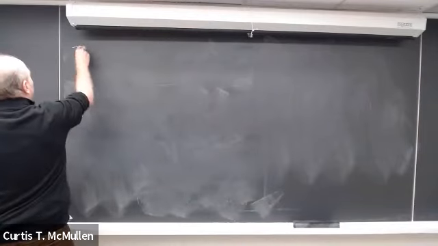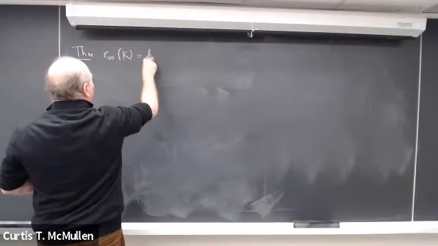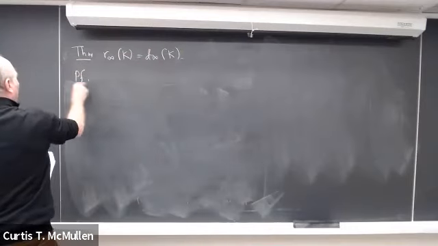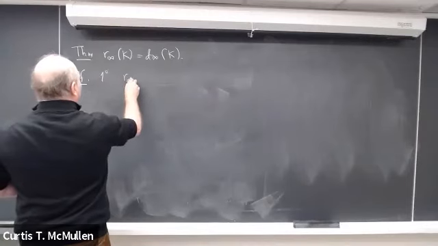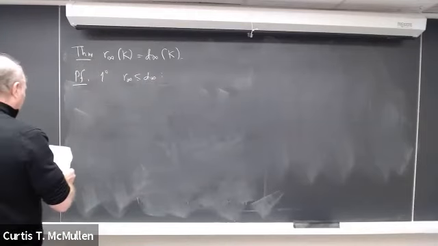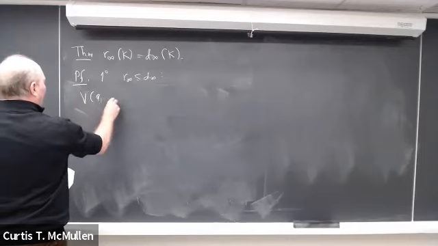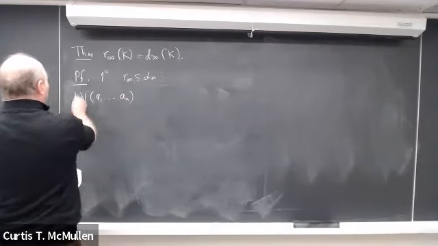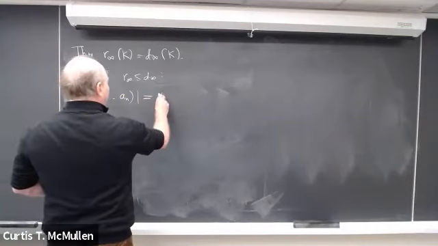So this is to prove that R infinity of K is equal to D infinity of K. So let's first show that R infinity is less than or equal to D infinity. So what we do is we choose points a1 up to aN, so that the Vandermonde determinant of that gives in absolute value D sub n.